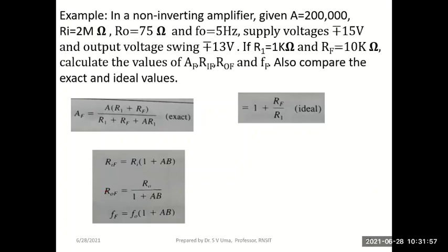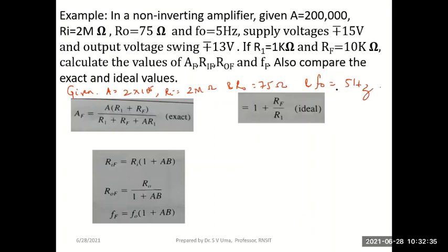Can you solve this example? Please write down fast. In a non-inverting amplifier, given A is 2 into 10 to the power of 5, Ri is 2 mega. So let me write what is given. A is 2 into 10 power 5, Ri 2 mega ohm, and R naught 75 ohm, and F naught 5 hertz.